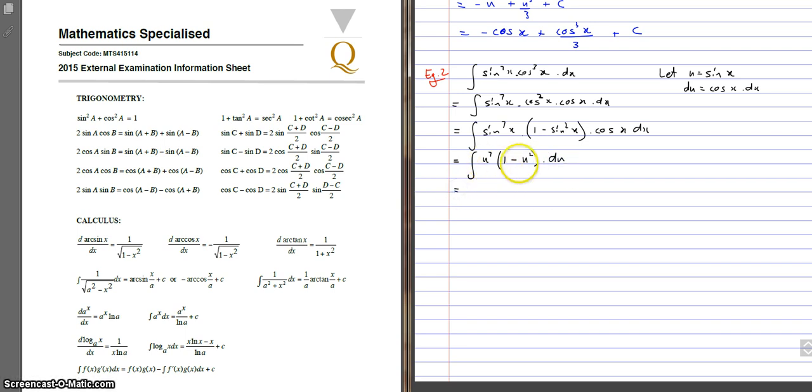And we can expand this now, so we'll end up with u to the power of 7 minus u to the power of 9, and now we can integrate those. So we'll have u to the power of 8 over 8 minus u to the power of 10 over 10 plus c, where c is a real number.